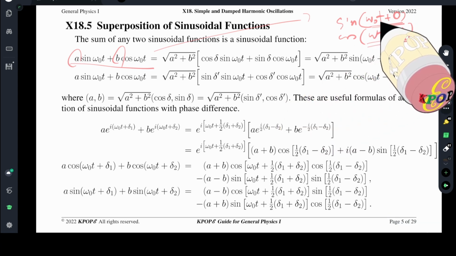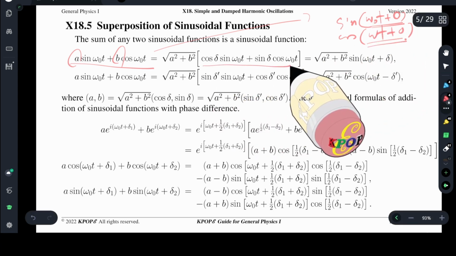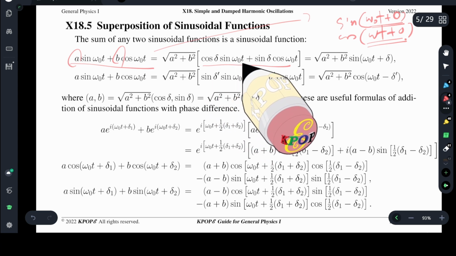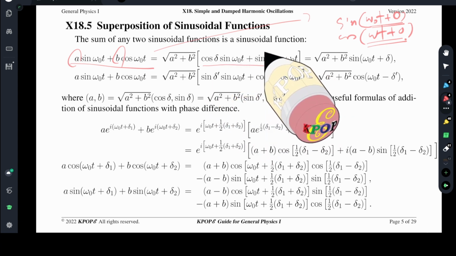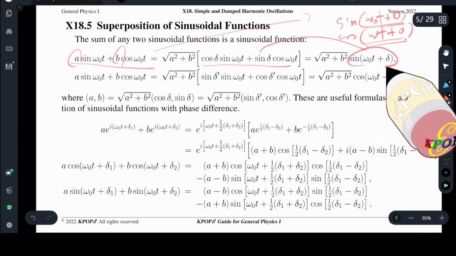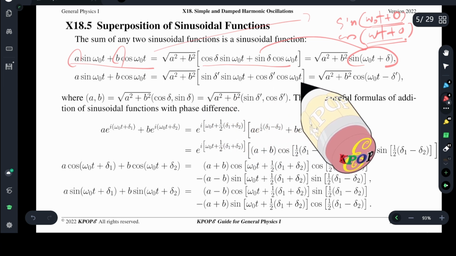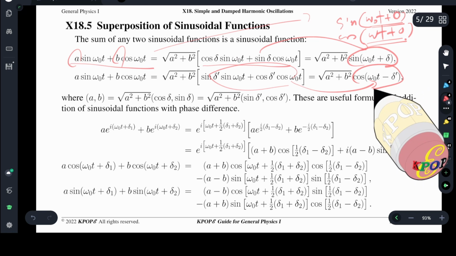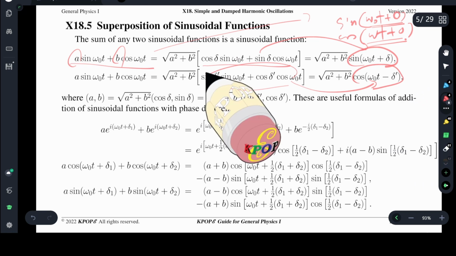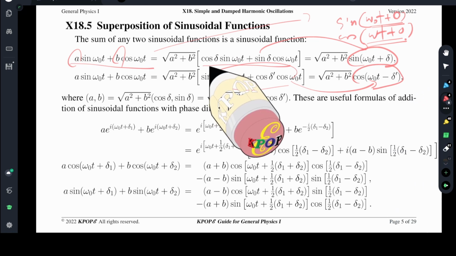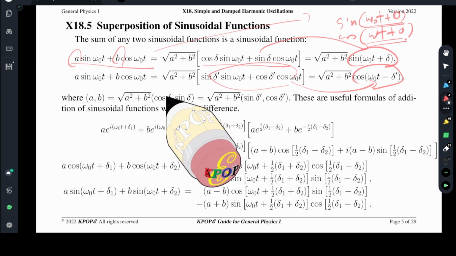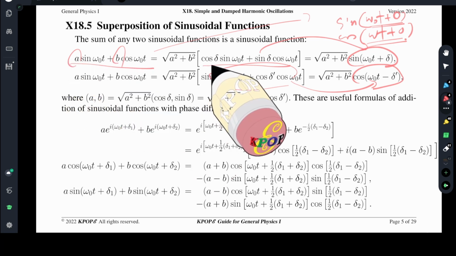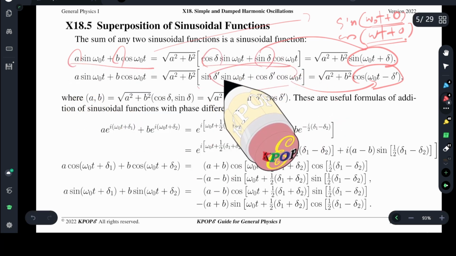In this case, this is cosine sine, sine cosine. This is the addition formula for sine. Sine sine, cosine cosine. That is the addition formula for cosine. In order to do that, it's good to parameterize the coefficients in terms of cosines and sines.